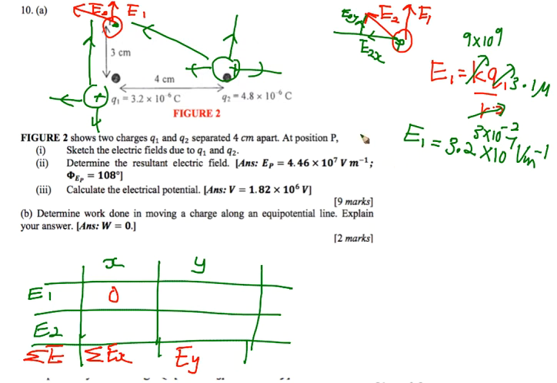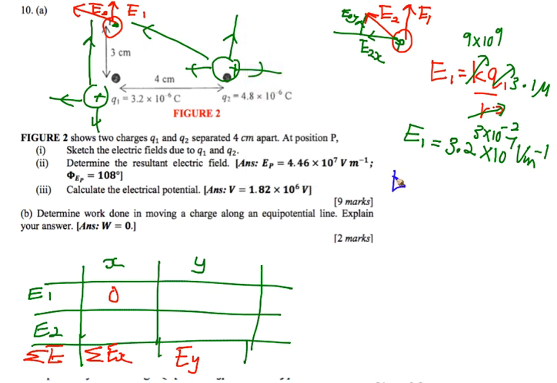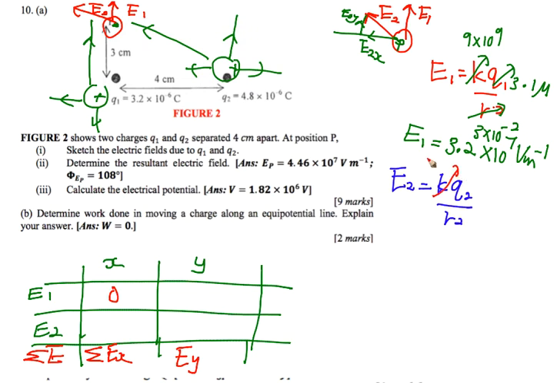And the same process to calculate E2. E2 equals K Q2 over R squared, where K is the constant 9 times 10 exponent 9, and the charge Q2 is 4.8 times 10 exponent minus 6, in microcoulomb. The distance from Q2 to the point P: this is 4 cm, and this is 3 cm.